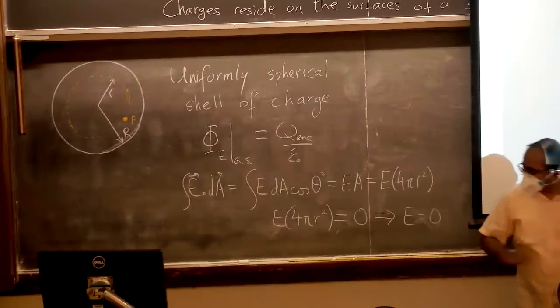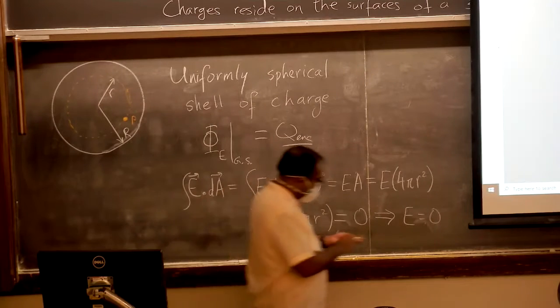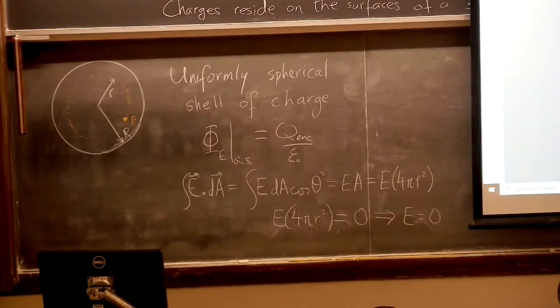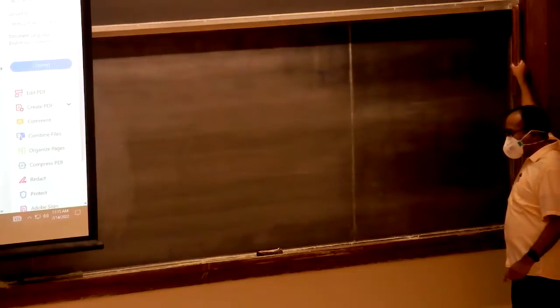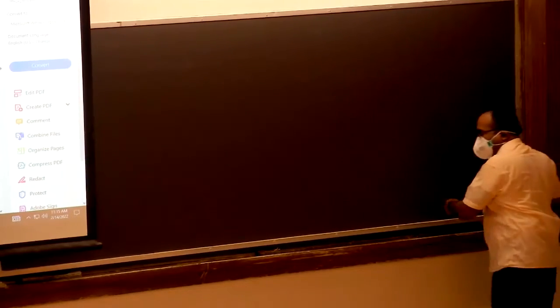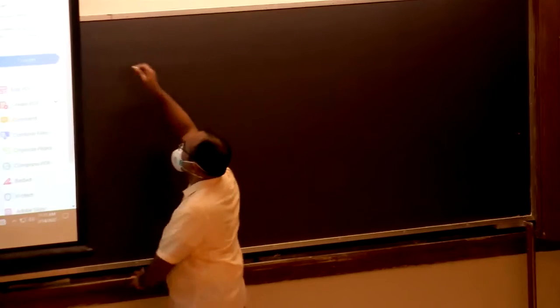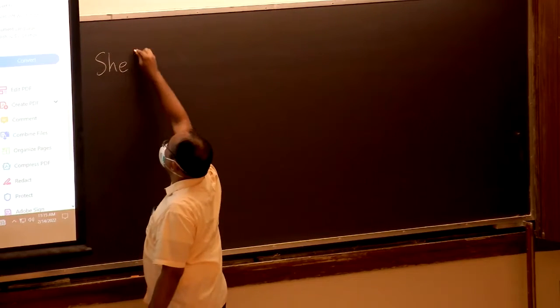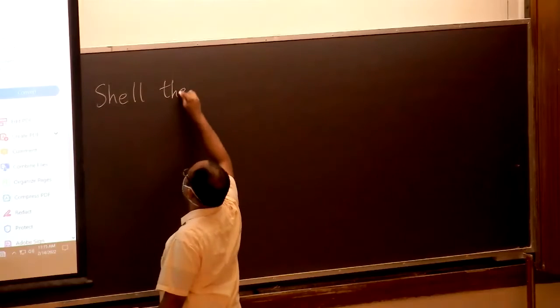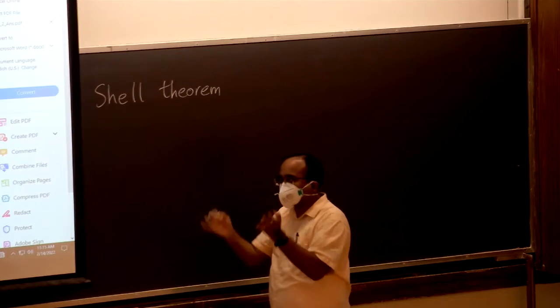All right, so this is actually one of two what we call shell theorems, which Newton showed in the context of gravity. It's basically what happens if you have a uniform shell, in this case of charge. For Newton, he was just considering mass.